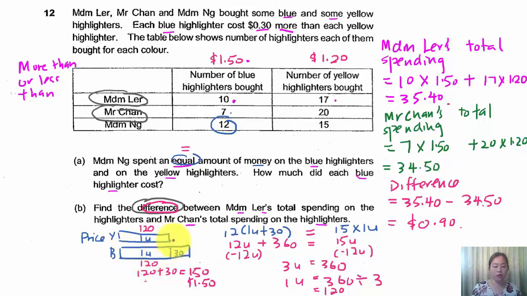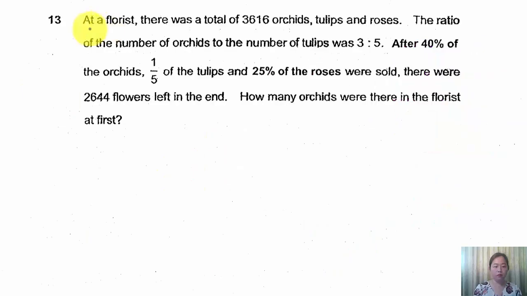We also learned to use 1 unit to be the price of 1 yellow highlighter, and 1 unit plus 30 to be the price of 1 blue highlighter, so that we can create a unit equation where the left side is equal to the right side because of the words equal amount of money.